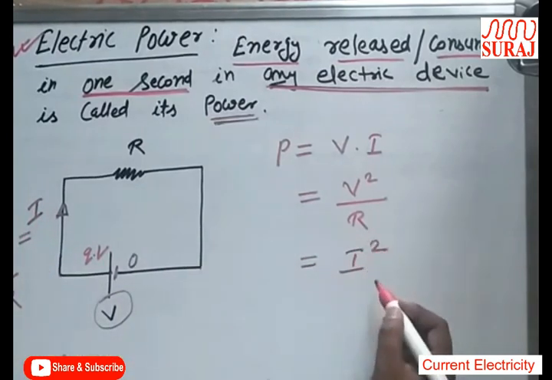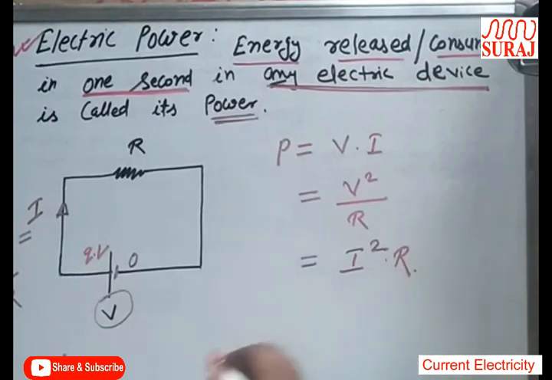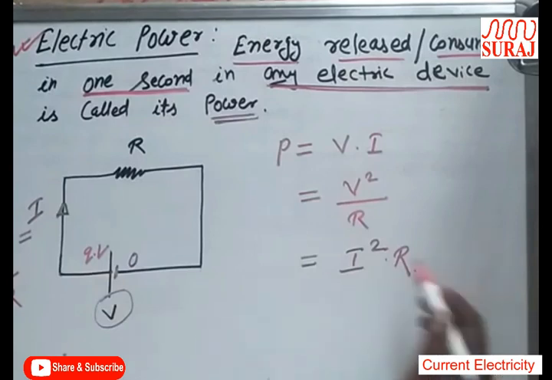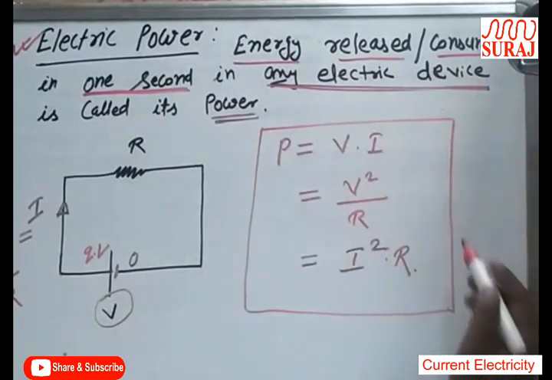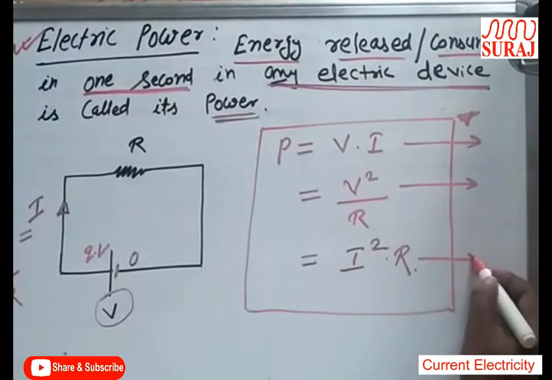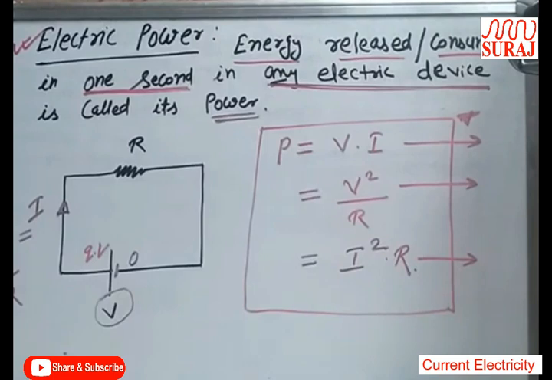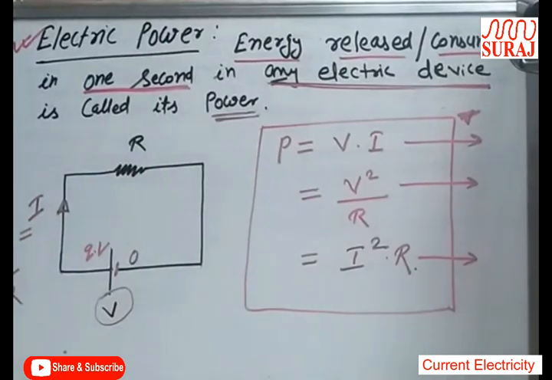Then the electric power dissipated through this resistance will be I square R. So these three are the same formula, V into I, V square by R, I square into R, for calculation of dissipation of power through a resistance.